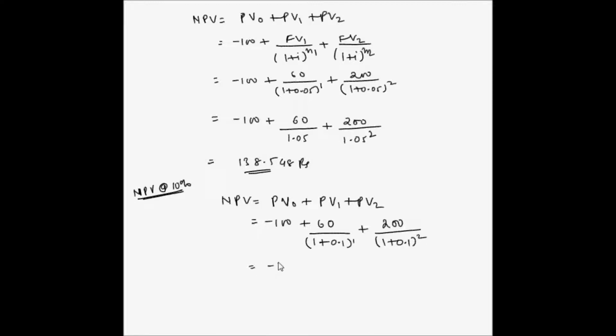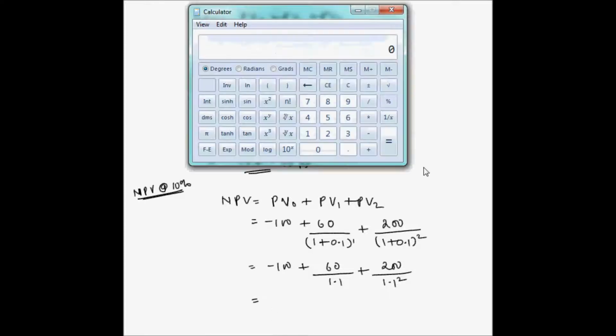So this is equal to minus 100 plus 60 divided by 1.1 plus 200 divided by 1.1 square.